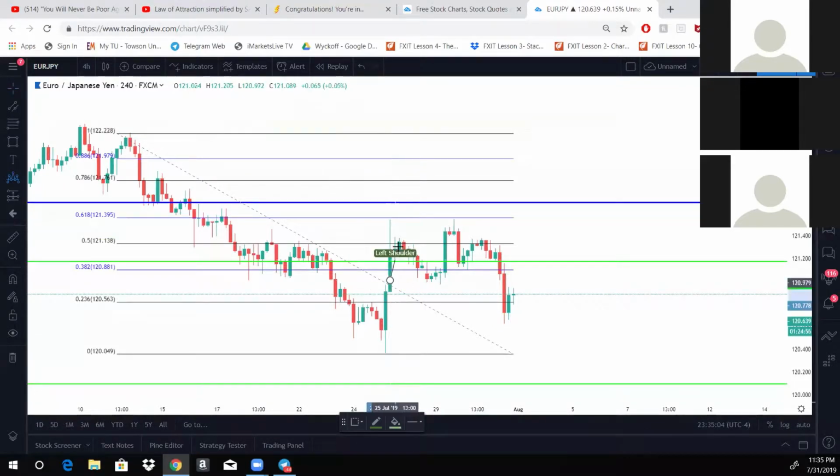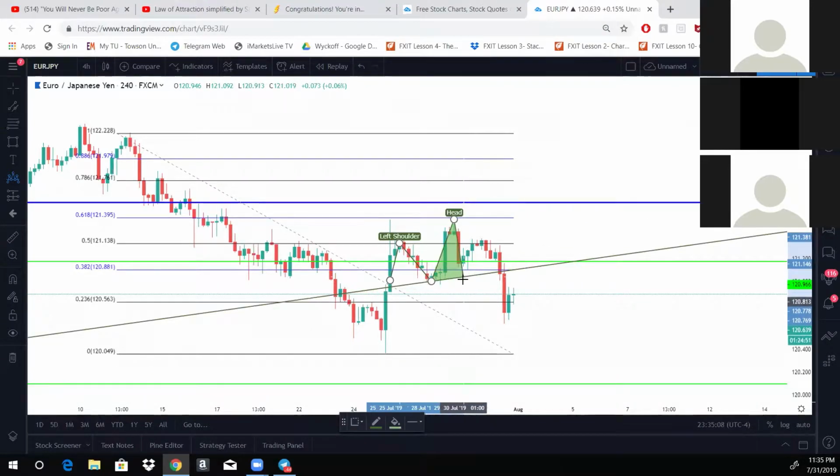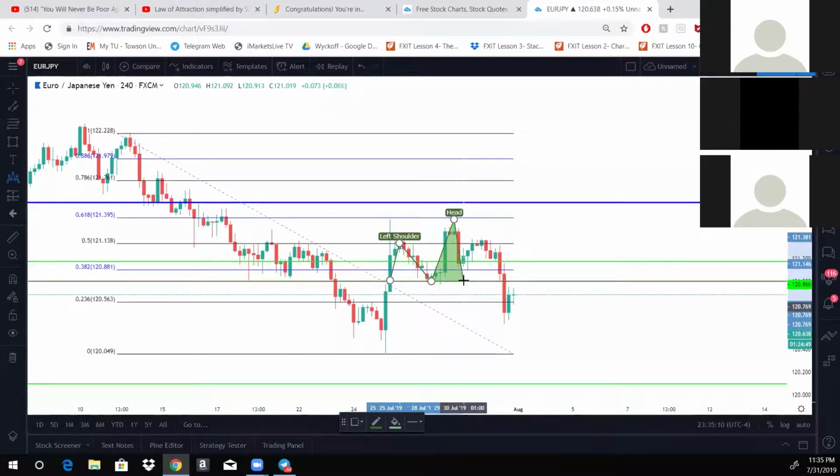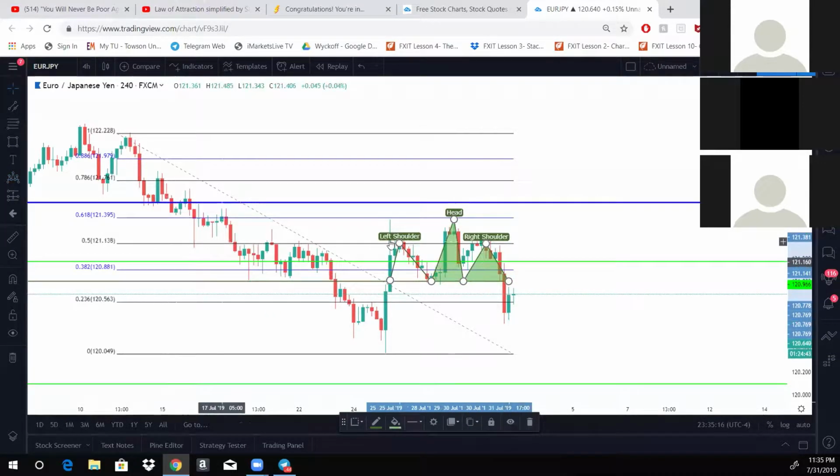Started from this level, ended up right here, came back up, did that, and then again made the right shoulder at the 50 Fibonacci, and we had a drop right after that.